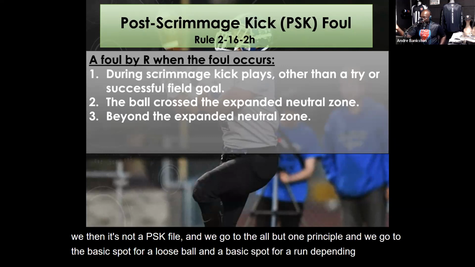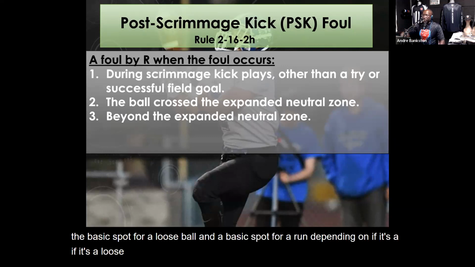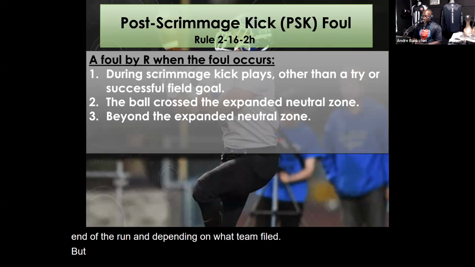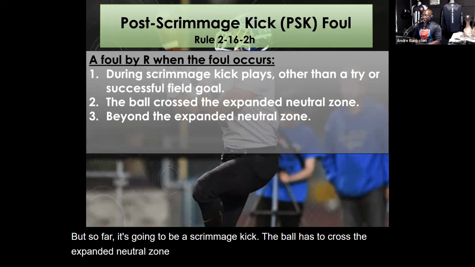If it's a loose ball, it's the previous spot. If it's a run, the basic spot is the end of the run, depending on what team fouled. But so far, on a scrimmage kick, the ball has to cross the expanded neutral zone, and the foul by R has to be beyond the expanded neutral zone.